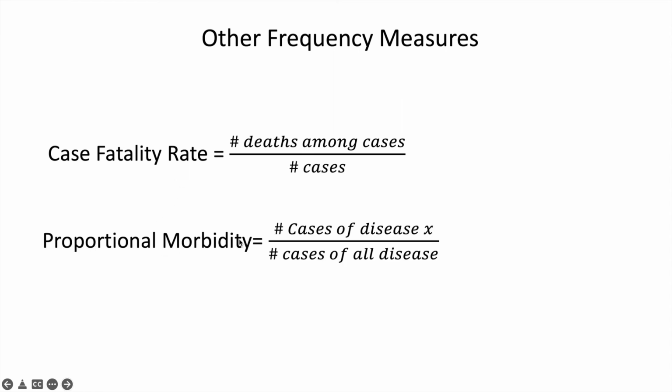The proportional morbidity, and you can also do it for mortality, is the number of cases of disease X, so the number of cases of cancer, over the number of cases of all disease. So it's basically a public health measure trying to figure out where this disease stands in relation to all of the disease.